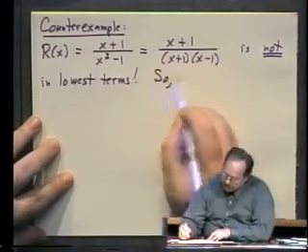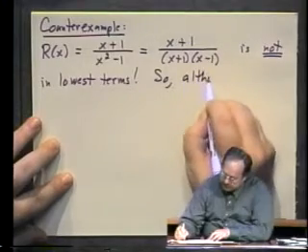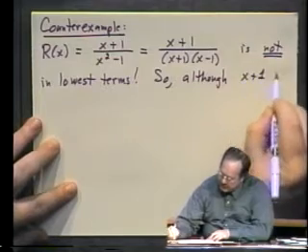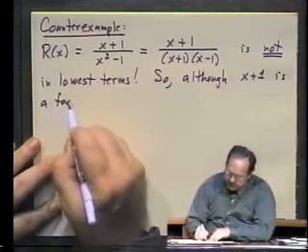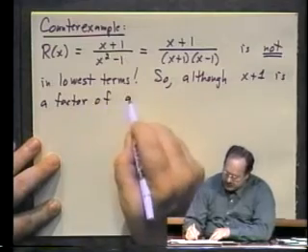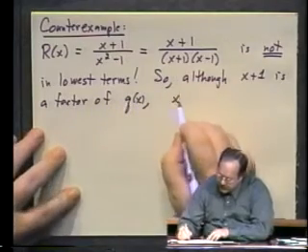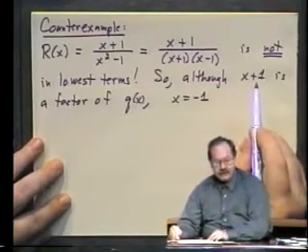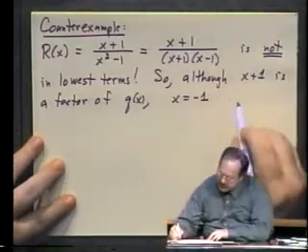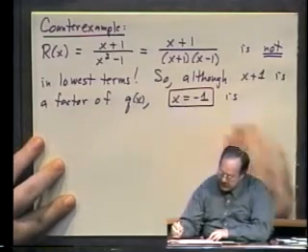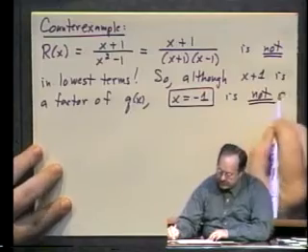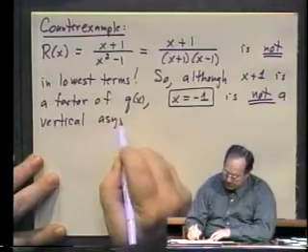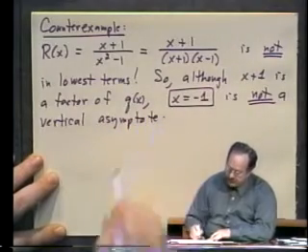So, although I'm writing out a lot here, I want to be clear: although x plus 1 is a factor of the bottom, which is the q of x, x equals minus 1, so if this is the x minus r format, then minus 1 is the r. x equal minus 1 is, I'll even box that in, not a vertical asymptote for r.